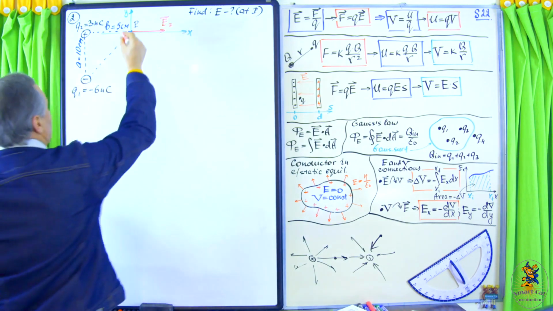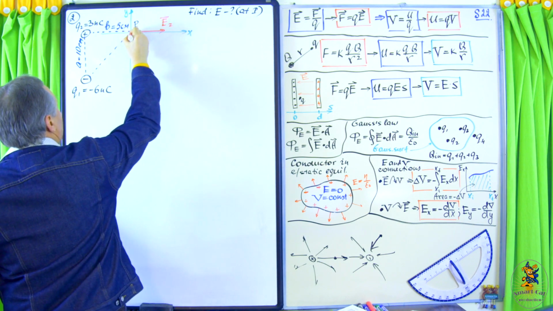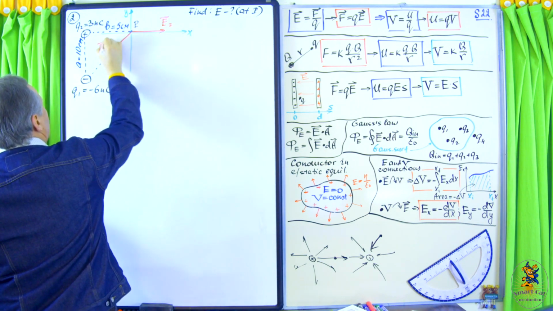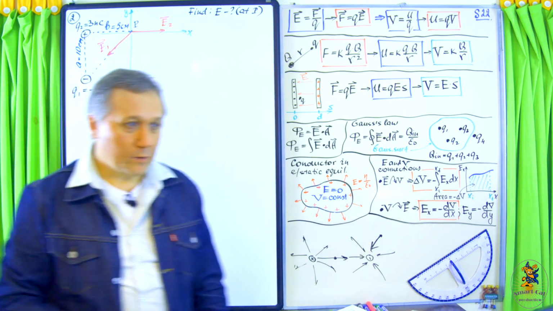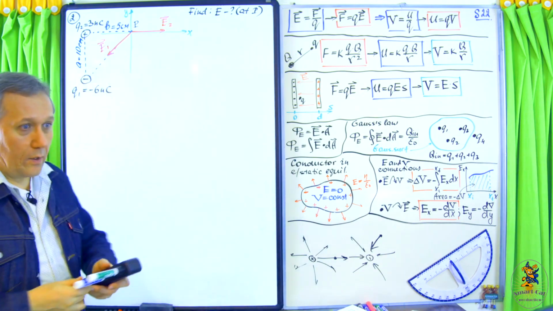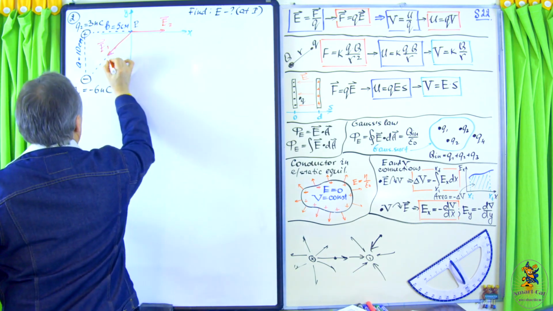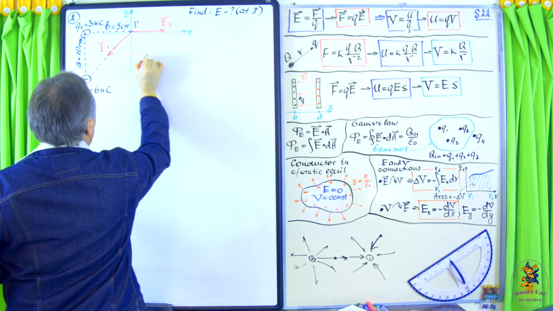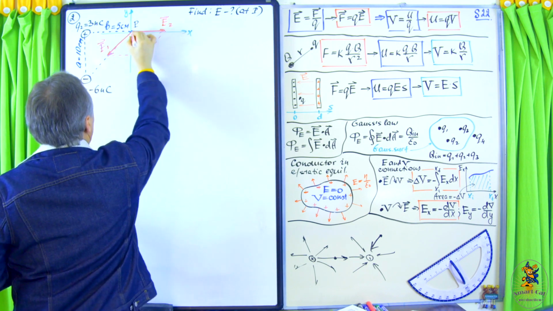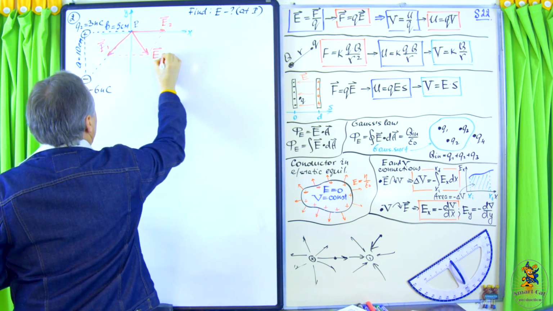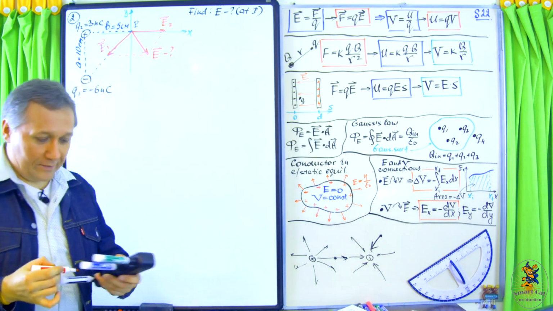So I can draw it here, and this will be E1. After that, by the principle of superposition, we need to add these two vectors as vectors, of course. So it will be E, the electric field, which we need to find.